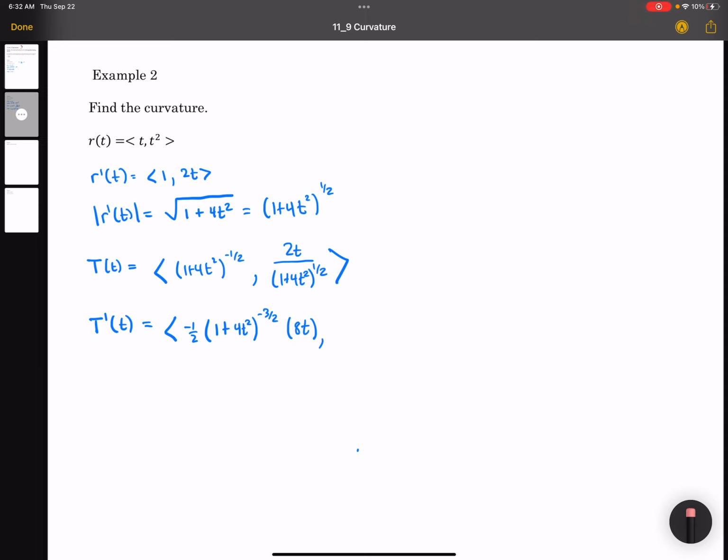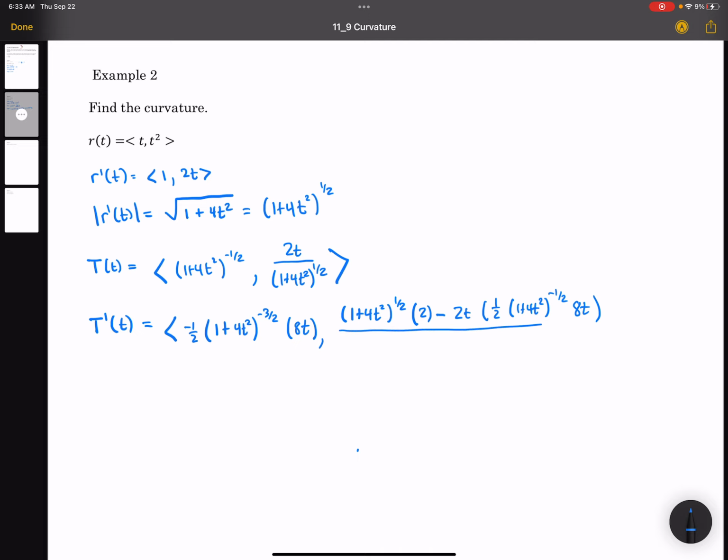So the derivative is going to be (1 plus 4t squared) to the 1/2 times the derivative of the numerator, which is 2, minus the numerator times the derivative of the denominator, which is 1/2 times (1 plus 4t squared) to the negative 1/2 times 8t.